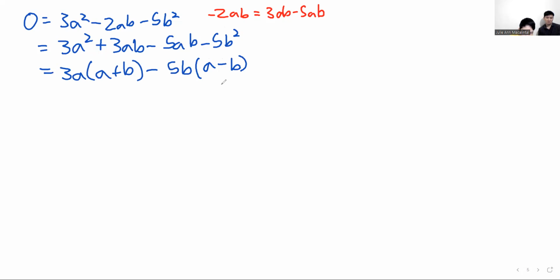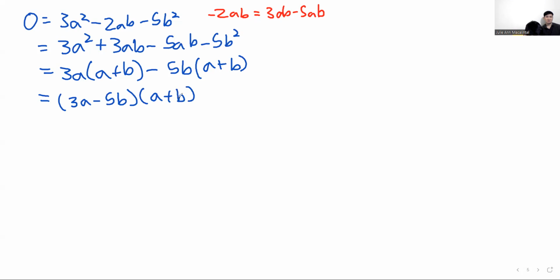Nice. Sorry, a plus b. So if we think of a plus b as one variable, then these will be like terms. So 3a minus 5b factored out times a plus b.